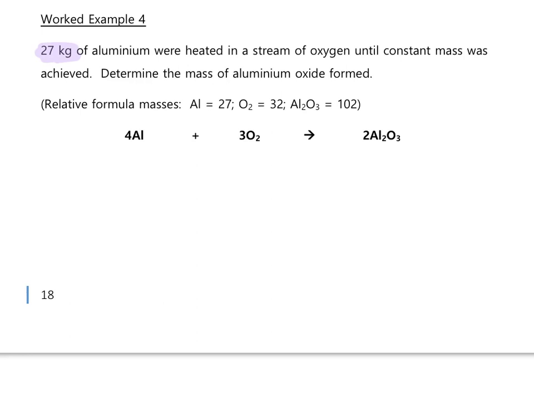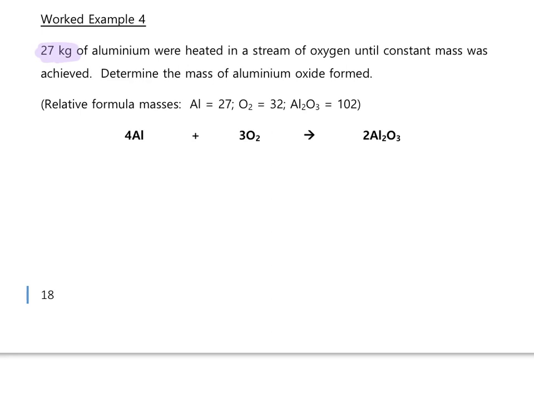So we're told in question number 4 that 27 kilograms of aluminium were heated in a stream of oxygen until constant mass was achieved. Essentially that just means until all the aluminium had reacted. And it says determine the mass of aluminium oxide formed. So step 1 is write down the information we've been given.